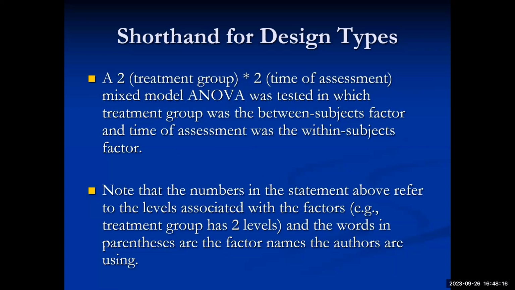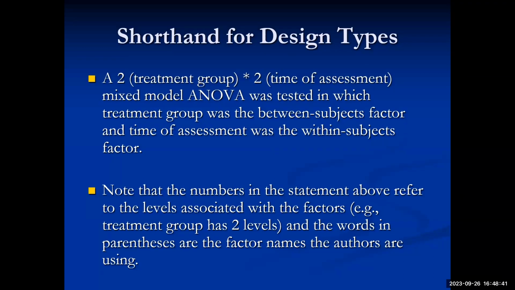We might also see a statement like, a 2 treatment group by 2 time of assessment mixed model ANOVA was tested, in which treatment group was the between subjects factor and time of assessment was the within subjects factor. Note that the numbers in the statement above refer to the levels associated with the factors.